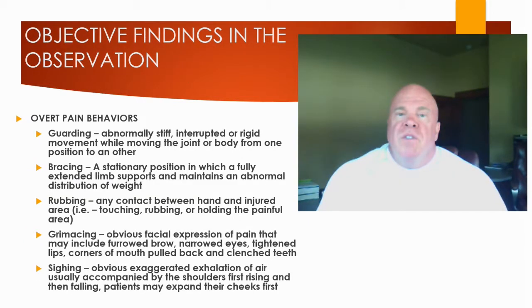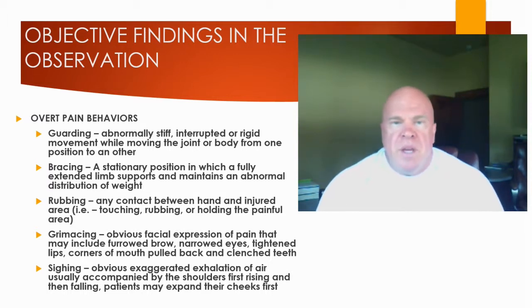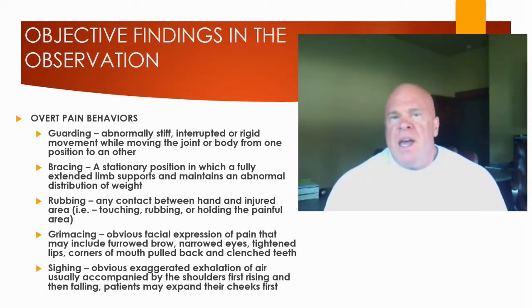What about some other pain behaviors? Well, here are some pain behaviors not described in the AMA guides, but are illustrative for our purposes in the face-to-face evaluation. So, for example, guarding is described as abnormally stiff or interrupted or rigid movement while moving the joint or body from one position to another. And this can be associated with movements of the upper extremity, of the spine, and also of the lower extremity.